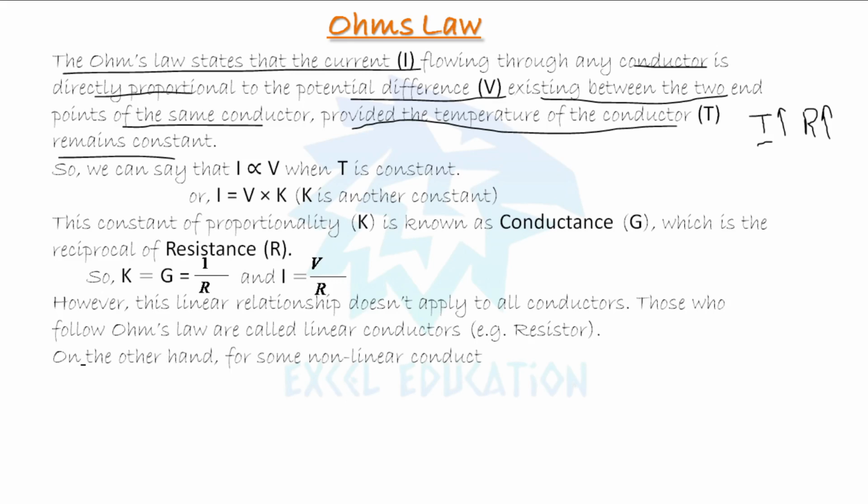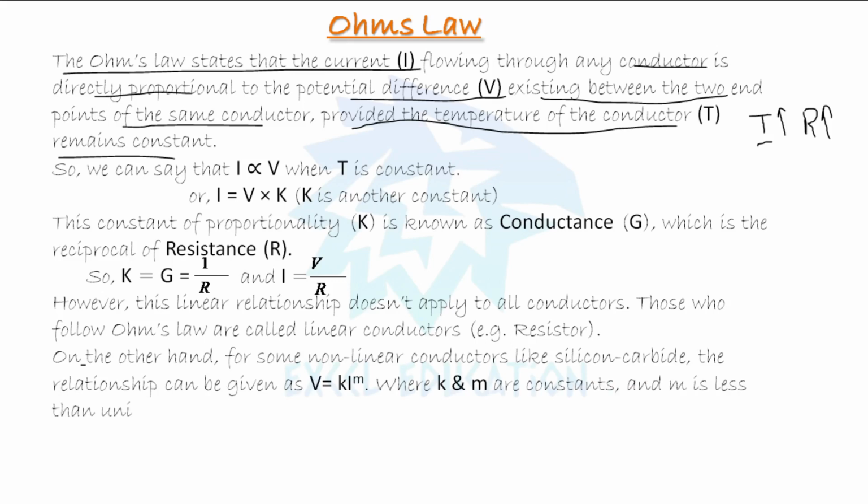On the other hand, for some non-linear conductors like silicon carbide, the relationship can be given as V equals I to the power m into K, where K and m are constants and m is less than unity. So here the constant K is not the resistance, it is not equal to the resistance or conductance.